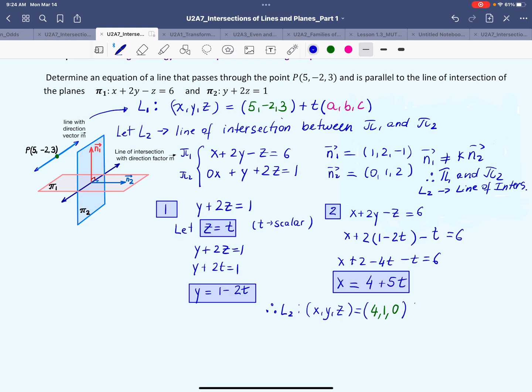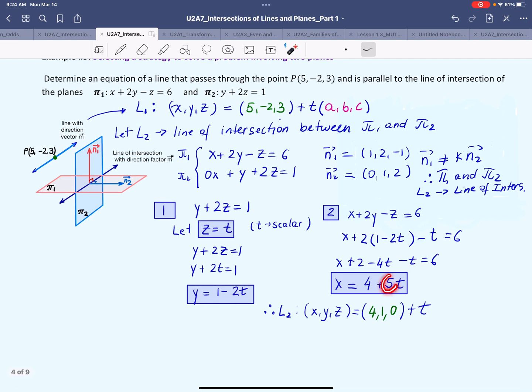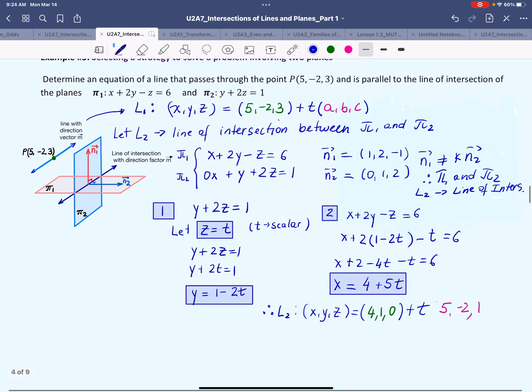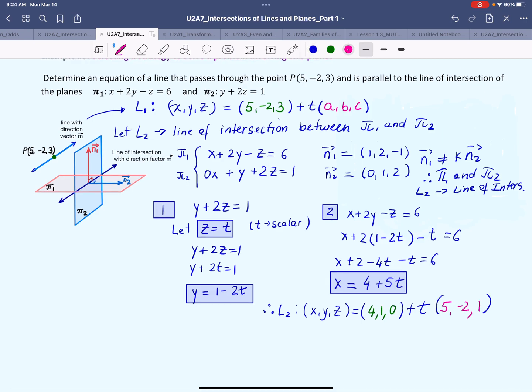And then plus t, and then for the x coordinate of the direction vector, we have 5. The y coordinate of the direction vector is negative 2. And the z coordinate for the direction vector is 1. So we'll say that the direction vector for line L2 will be m2 equals (5, -2, 1).